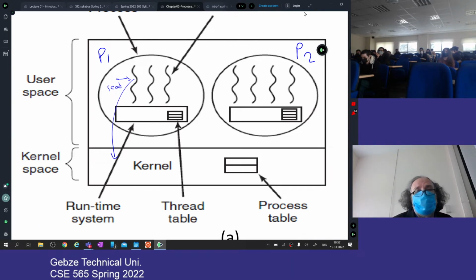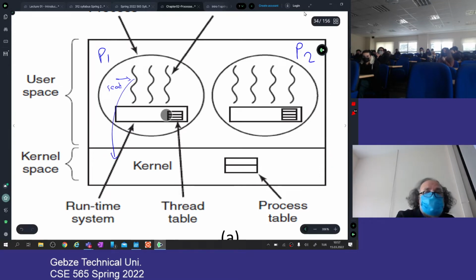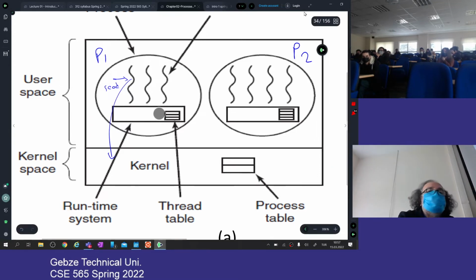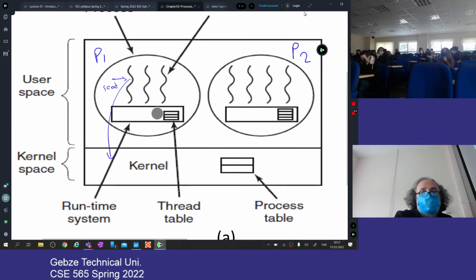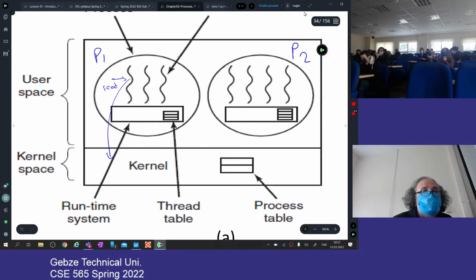If this whole process is blocked, then this scheduler cannot run, because the scheduler is a program too, right? It's just a separate scheduling thread. This one will be blocked too. So the whole process is blocked. Even though I can continue running and using the CPU, it will not happen, because the kernel doesn't know what's going on inside this process.